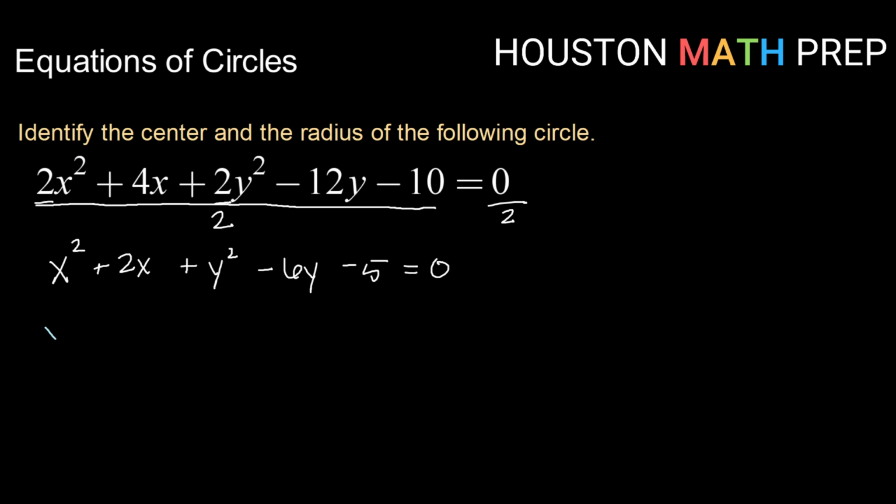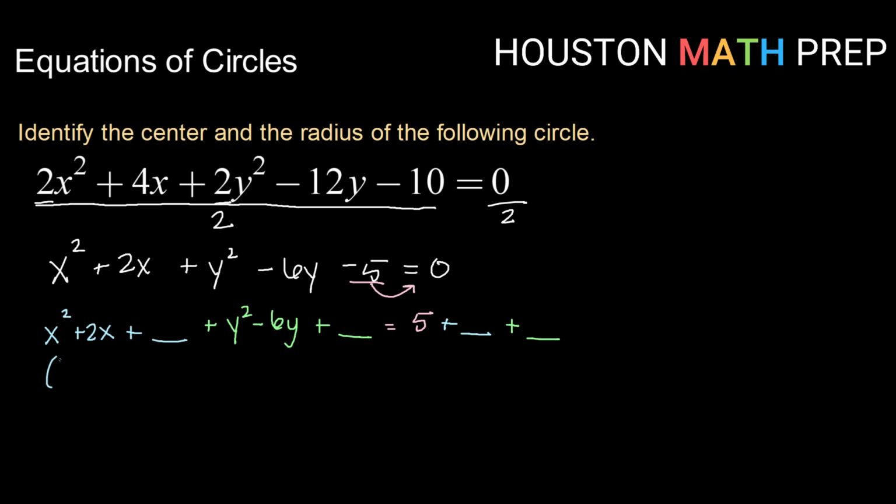Alright, so grouping up my x's, I have x squared plus 2x. I'm going to go ahead and have plus blank. Doing the same for my y's, that will be y squared minus 6y plus blank. Taking that minus 5 and moving it over, that will become a positive 5 on the right-hand side. And then I'm just going ahead and setting up to remember that everything I add to the left must also be added to the right.